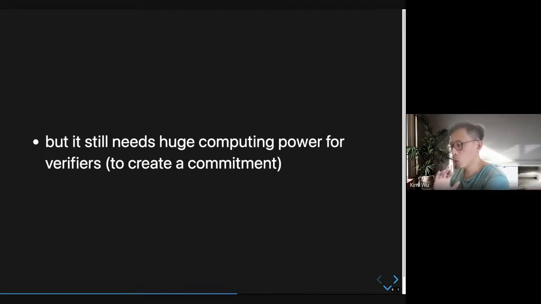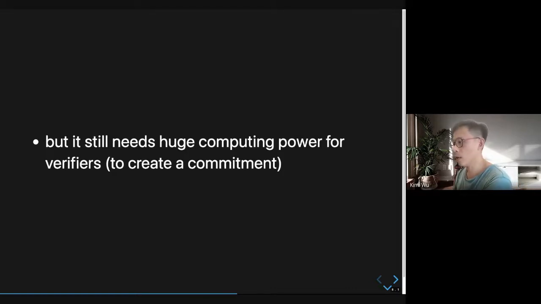Because we want more verifiers, which is validators. More validators means that more people validate that transaction or that block state. So it's safer if we have more validators in the network. So lowering the hardware requirement here is very important for decentralization. Yeah, this is the problem we have.